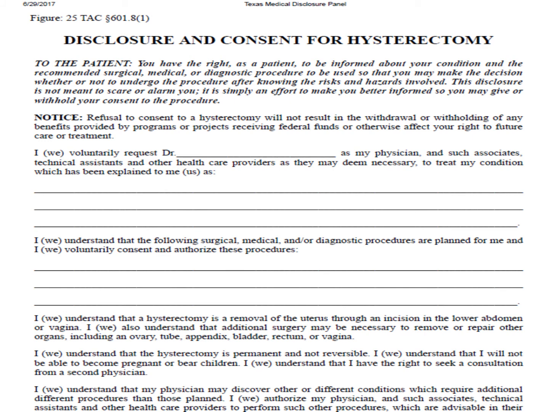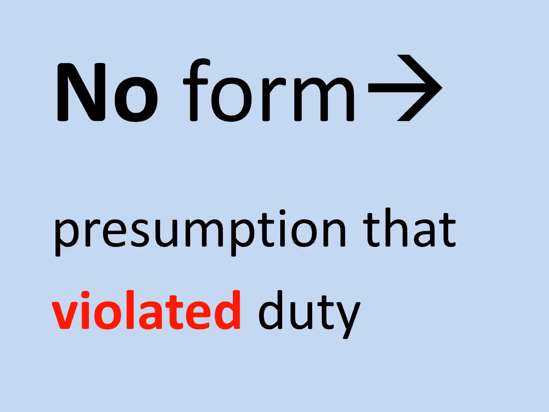And in Texas, it works as follows: if you don't use the form, then that creates a presumption that you violated your duty. So it's the opposite of the way it works in Washington. If you use a decision aid in Washington, that creates a presumption that you satisfied your duty.